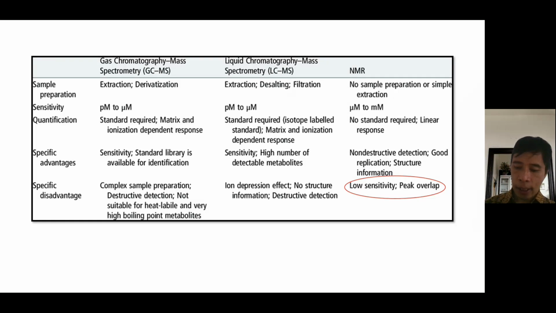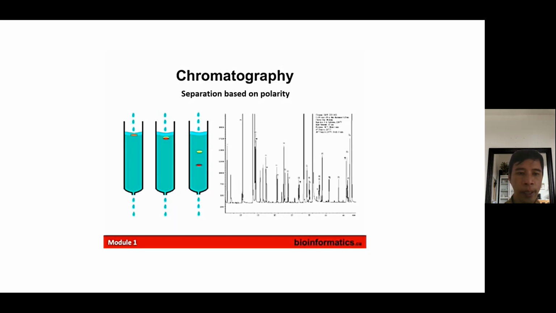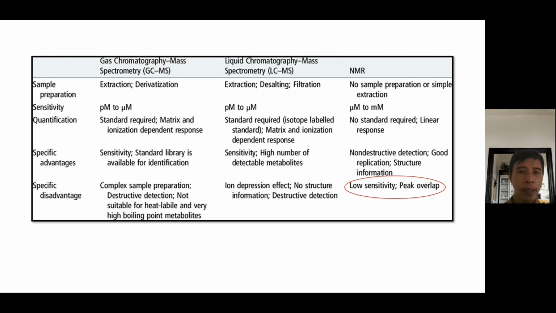So previously, you know that there are three common technologies that may be used: gas chromatography combined with mass spectroscopy, liquid chromatography, and also nuclear magnetic resonance. So here is a summary comparing GCMS, LCMS, and nuclear magnetic resonance.